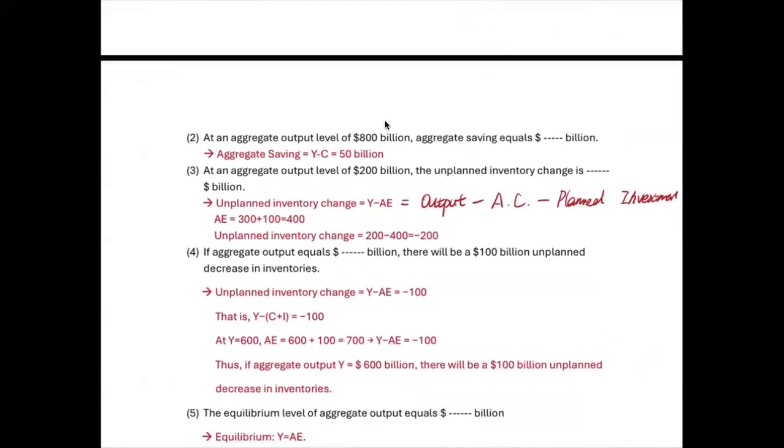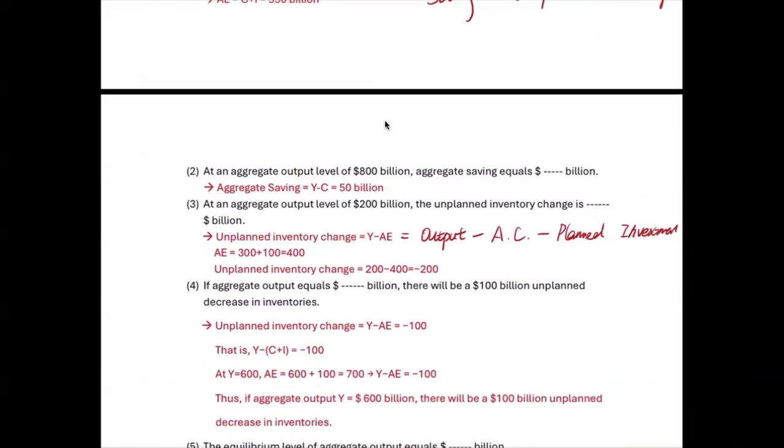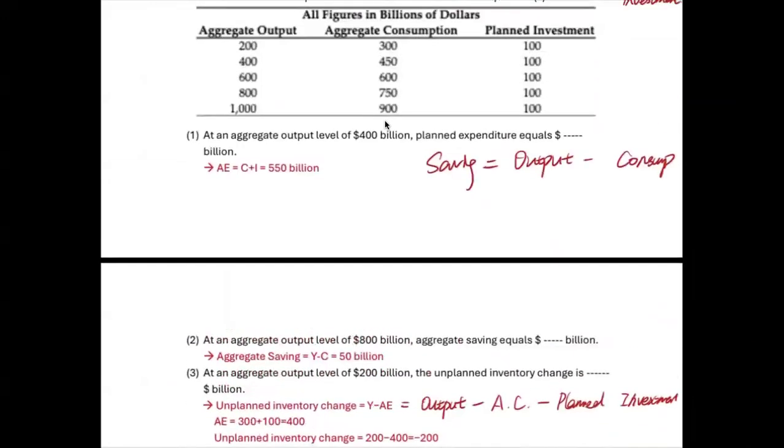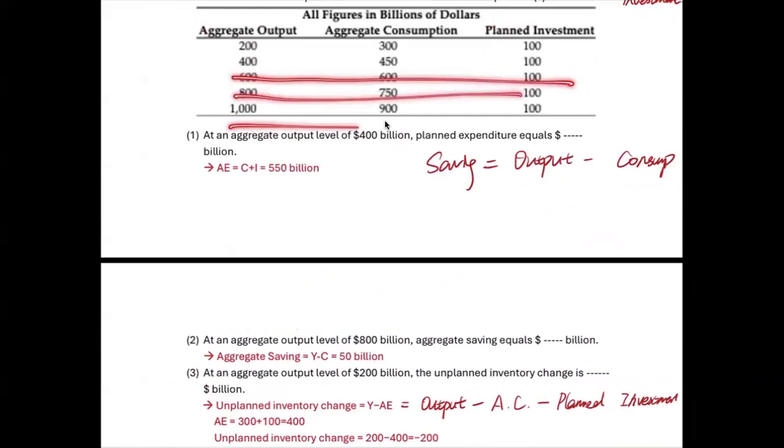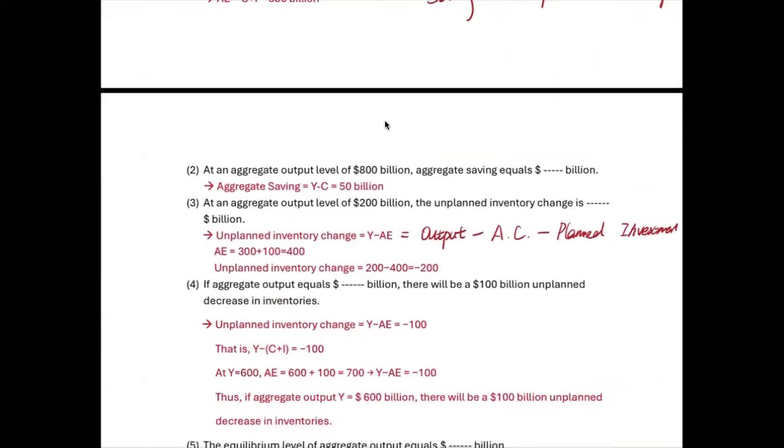Okay, so you need to try to figure out which column causes this result. You will find that at the output level equal to 600, the unplanned inventory change would be negative 100. Okay, so that's it.